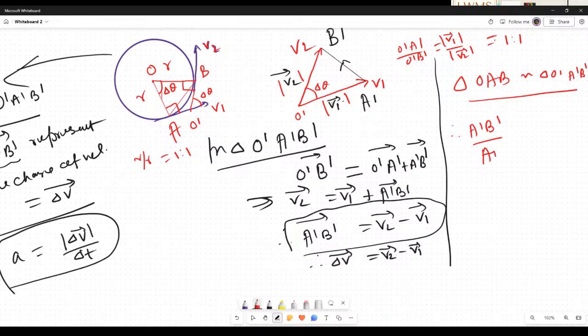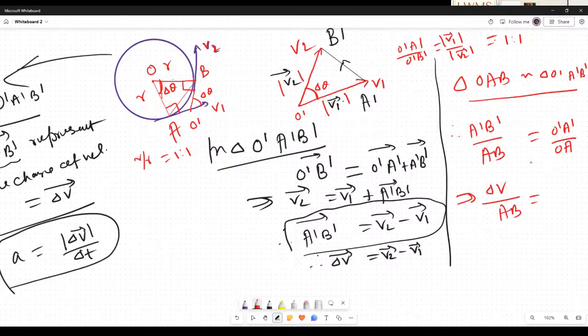So A dash B dash by AB is going to be, you agree? A dash B dash is this. So this angle delta theta, this one delta theta, this by this equal to this by this. This is shown in the diagram only. So delta V by AB is what? Tell. AB is what? AB we don't know. Or we know it. Check. A dash B dash by AB.